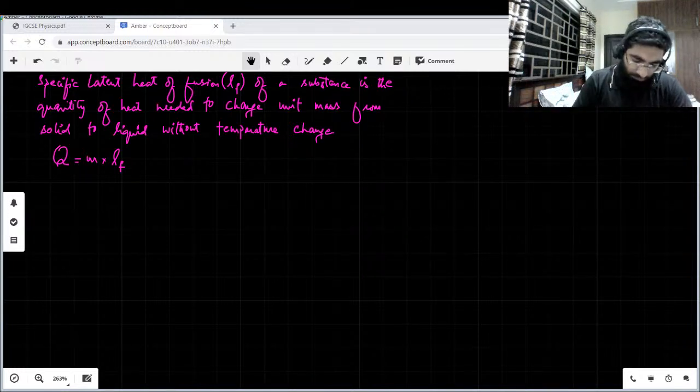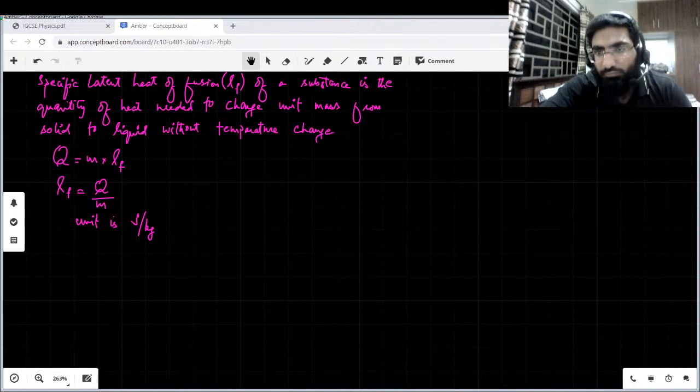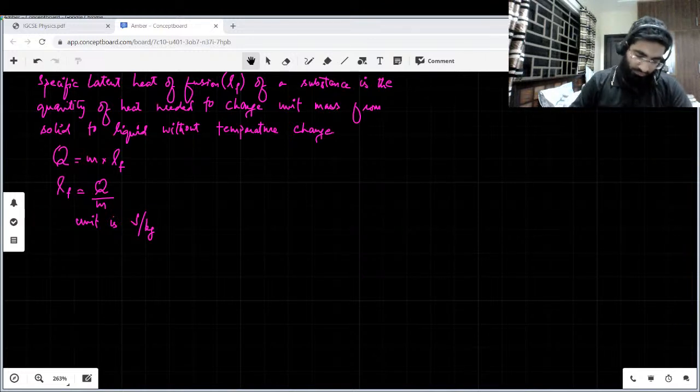If I rearrange it, latent heat of fusion is equal to Q over M. So the unit is joules per kg. The same way we have specific latent heat of fusion, we also have specific latent heat of vaporization.